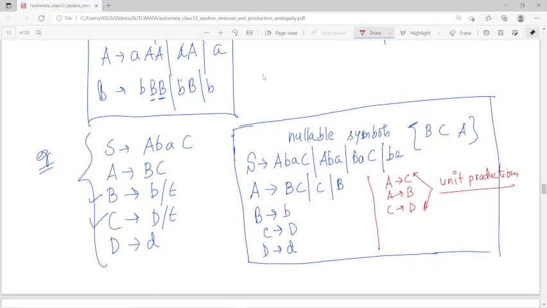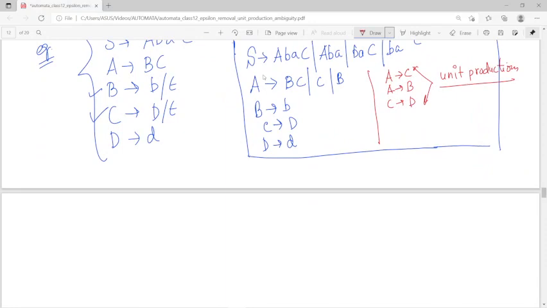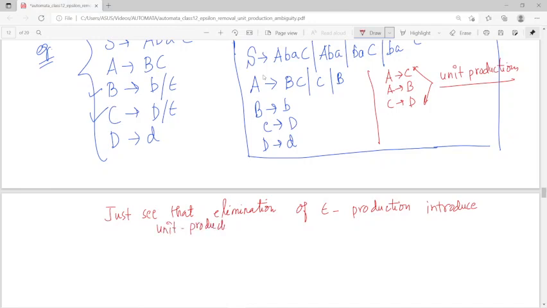So just look carefully: the elimination of epsilon production, that is important for your marks that will come. That means the elimination of epsilon productions will introduce unit productions, like A to B, or A to C, or C to D, all are unit productions.